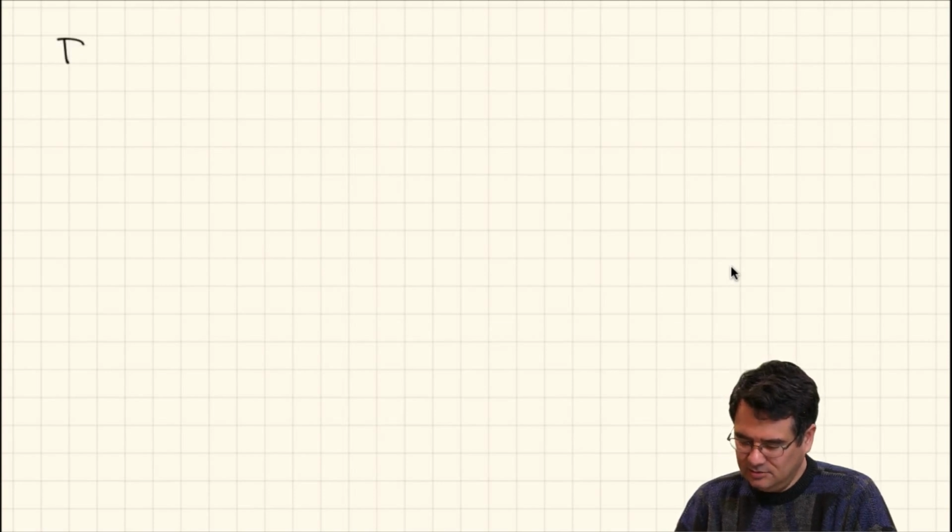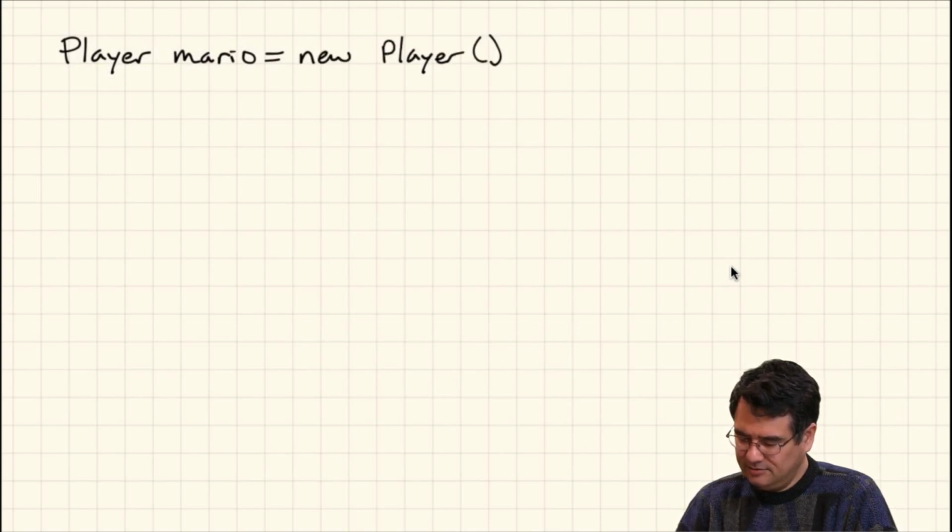Let's say we go, now let's do player Mario equals new player. Okay, so this is the statement in your program.